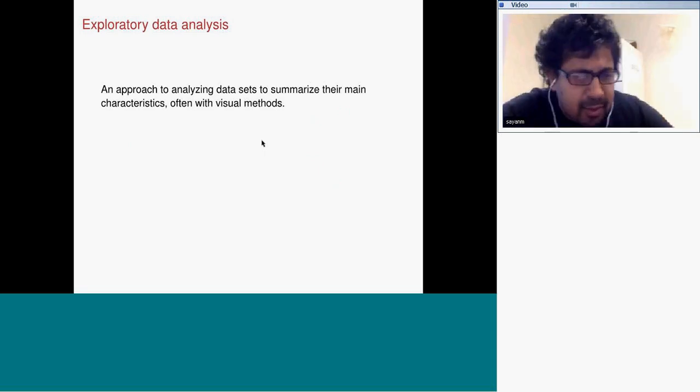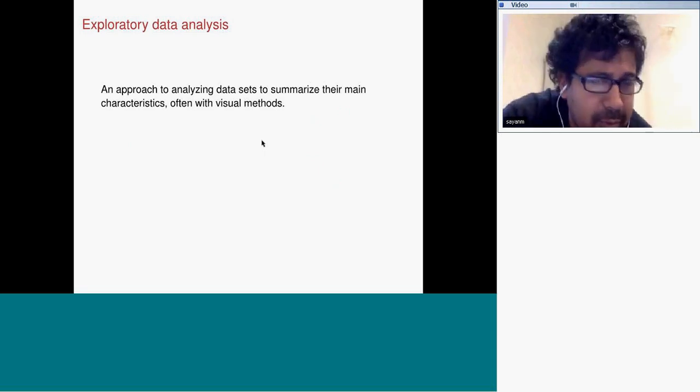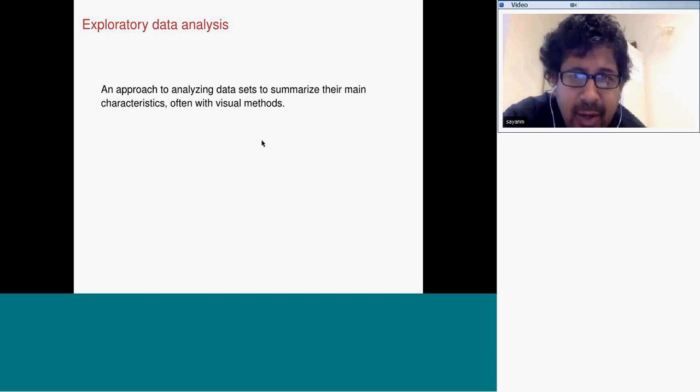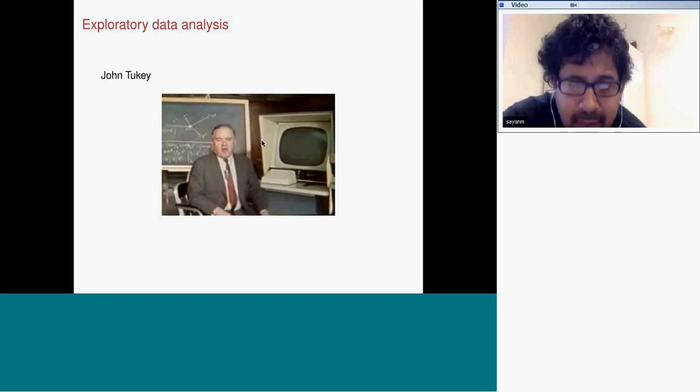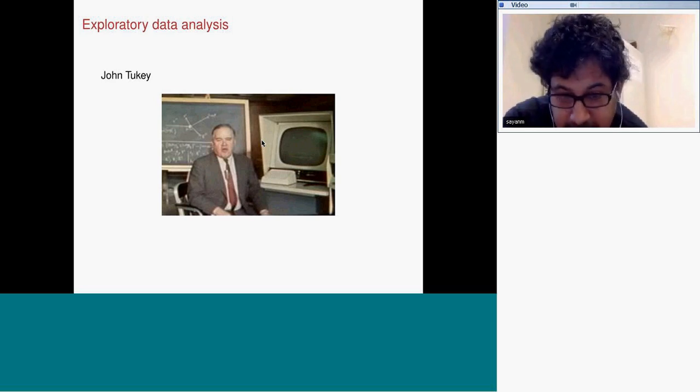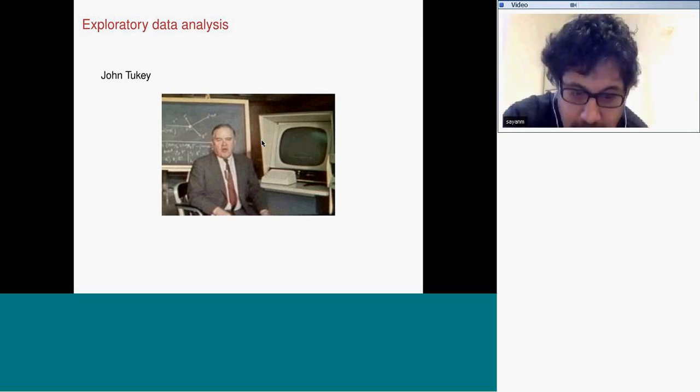From a statistical perspective, a classic idea has been exploratory data analysis, where before we try to apply formal statistical models, you want to summarize the main ideas or characteristics of the data, and then from that you can later go on to more formal statistical hypothesis testing, and so on. This idea was highly developed by John Tukey, who actually started in topology but became a prominent statistician.